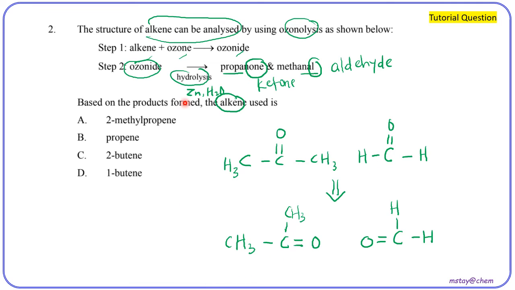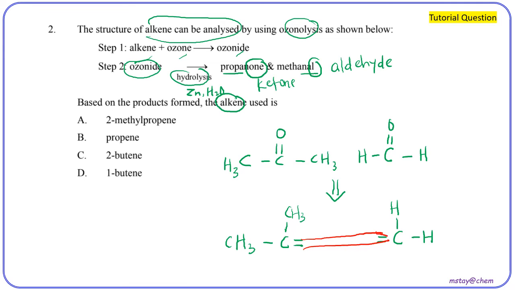Now, because we want to get the alkene, we imagine these are the products. If we want to know the alkene, that means we have to imagine that before the ozonolysis happened, there was no oxygen. So you erase the oxygen. This is the double bond that you connect back.